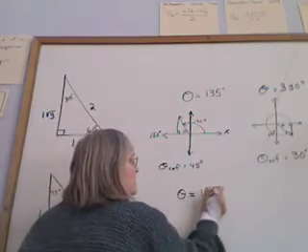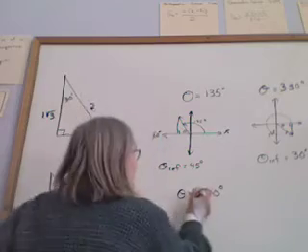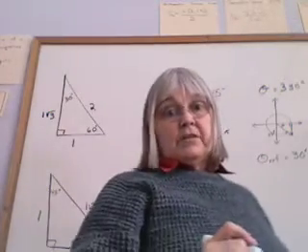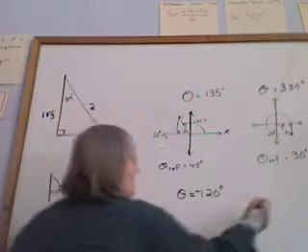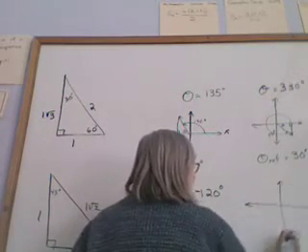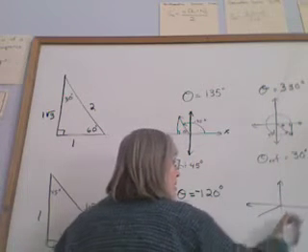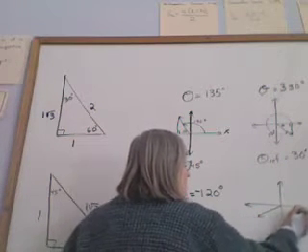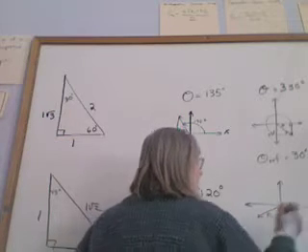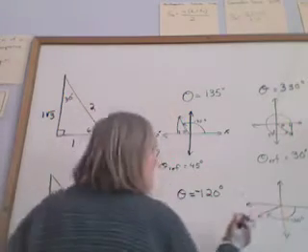Theta equals negative 120 degrees. Sketch the angle. Negative 120 is in the third quadrant. Again, I need to sketch my reference triangle.